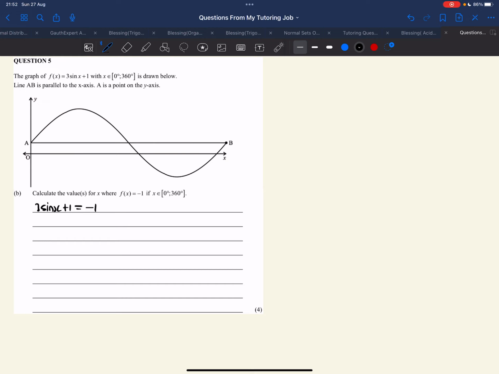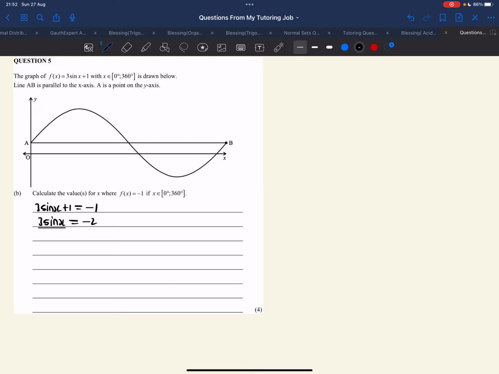Okay, and then we're going to subtract 1 on the left hand side and the right hand side. If we do that, you're going to get 3 sine x equals -2.